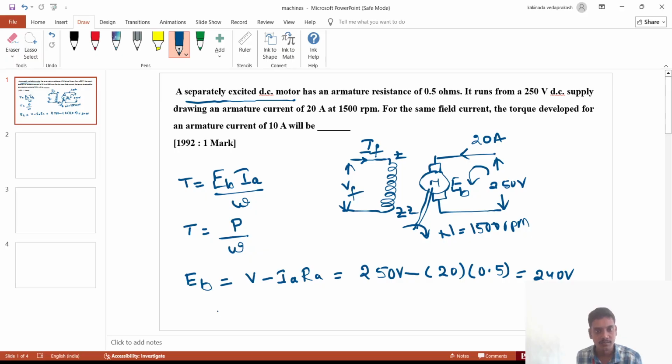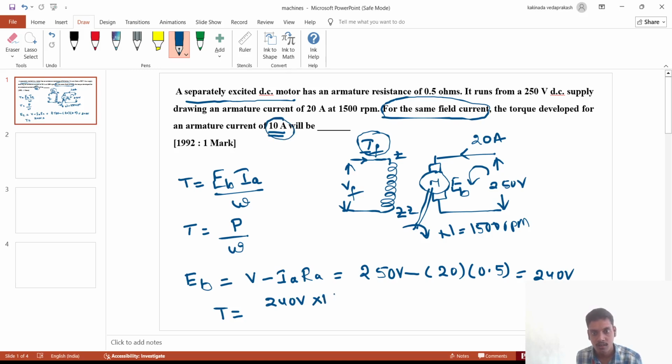Next we can find the torque, which is EB, 240 volts, into the armature current. The armature current is 10 amps now. Clearly they have mentioned that for the same field current, as in the previous case, the field current is constant, and only the armature current has changed to 10 amps.